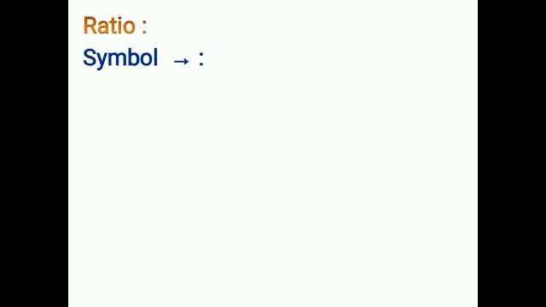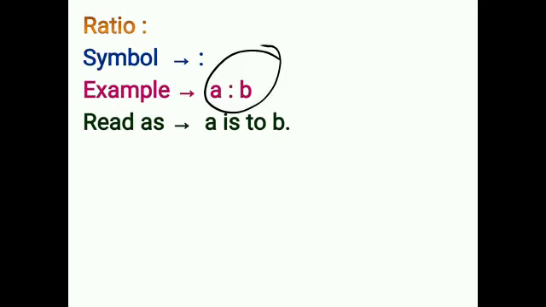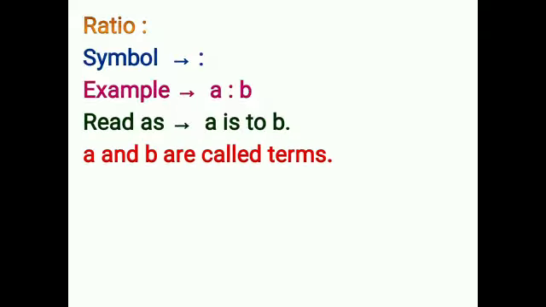Now, for example, see here, A is to B. You can write it like that, and we read this example as A is to B. A and B are called terms.